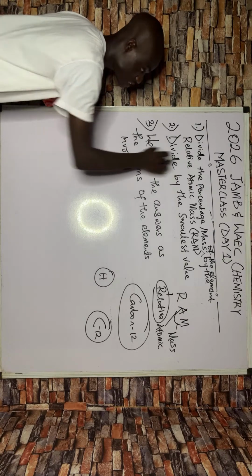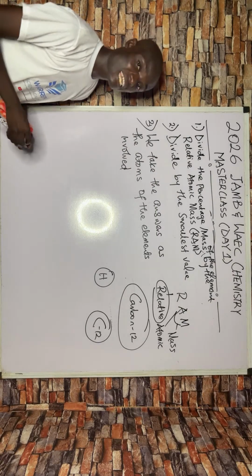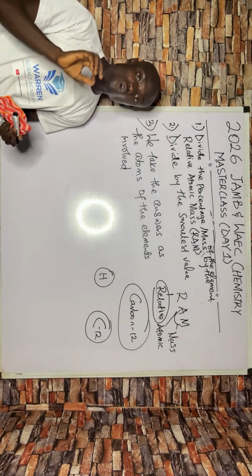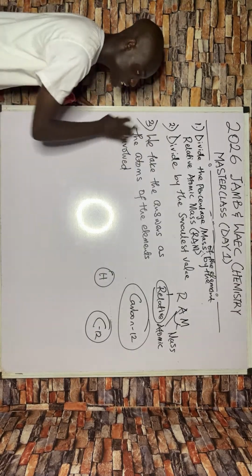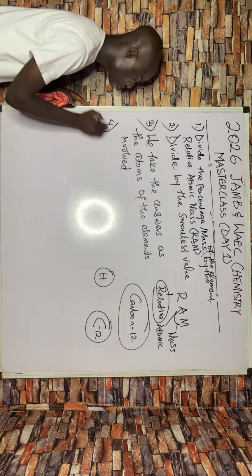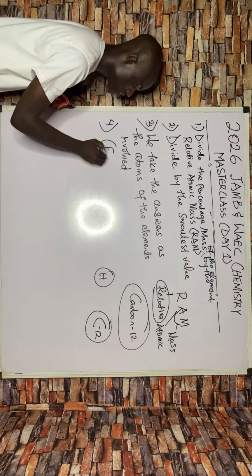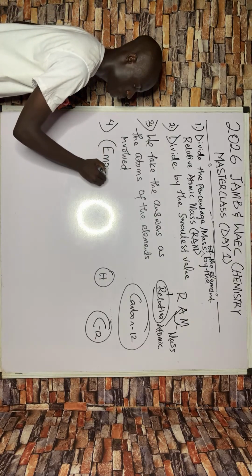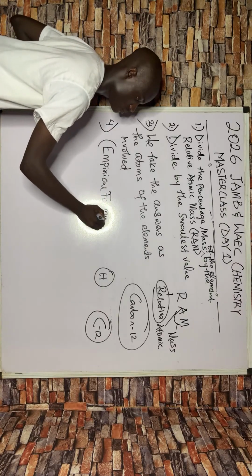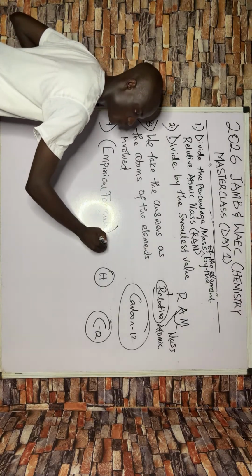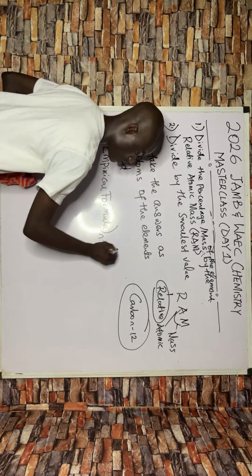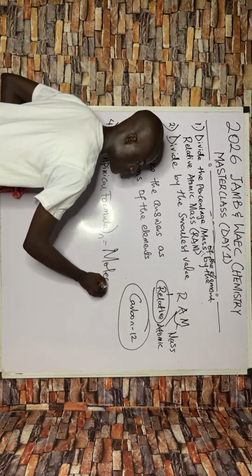So we are going to take these 3 steps. Now these 3 steps will help us to calculate the empirical formula of any compound. So whatever answer you get from step 3 is what we call the empirical formula. Then moving on, the empirical formula times n will give us what we call the molecular formula.